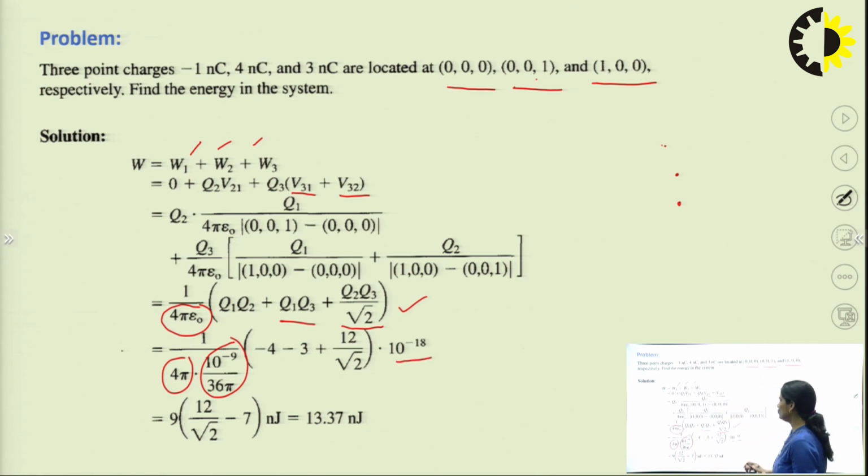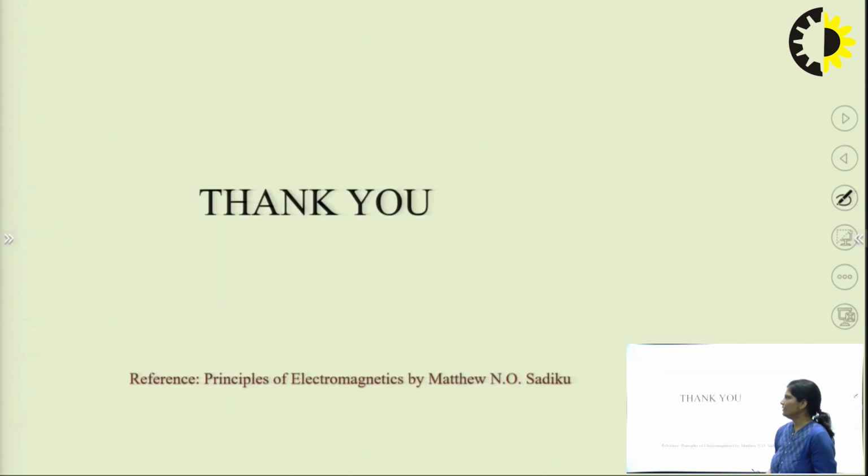As the charges are in nanocoulomb, put 10 to the power minus 9. When you put all these values, you will get the result: W is equal to 13.37 nanojoule. Thank you.